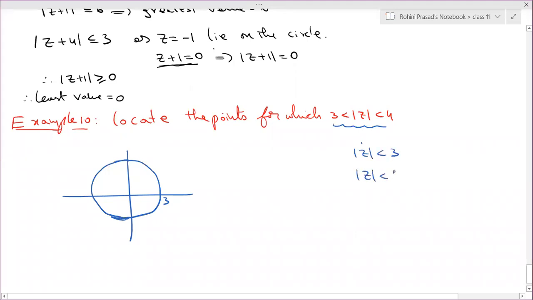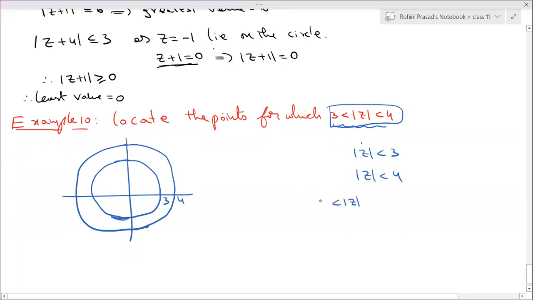Mod z is less than 4 means the circle with radius 4 and center origin. But what they're telling us is that mod z should be greater than 3, so that means outside the circle, and less than 4, inside the circle.